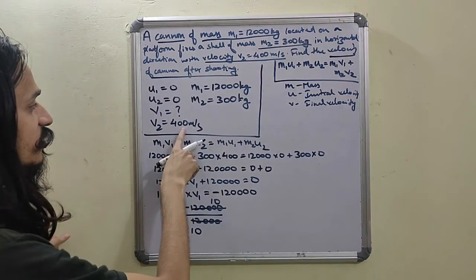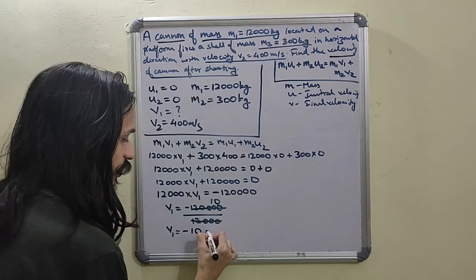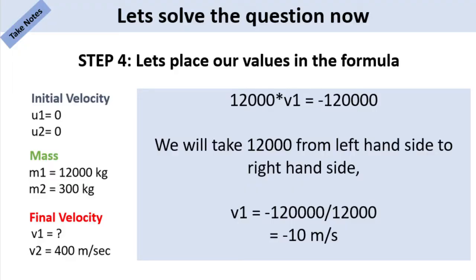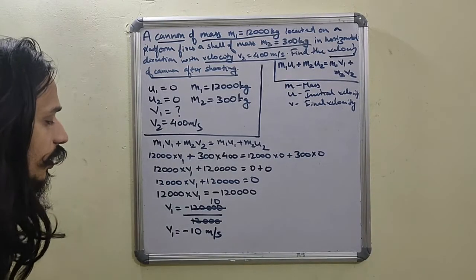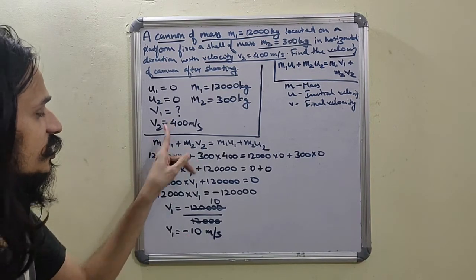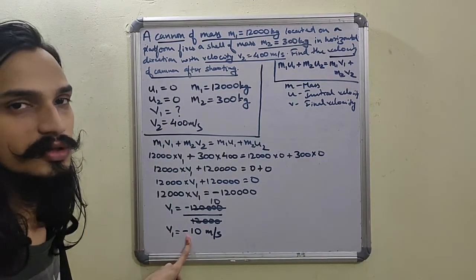Since it's velocity, the unit has to be meters per second. Now, what is this minus? It's not there in this velocity, but it's there in this velocity, right?